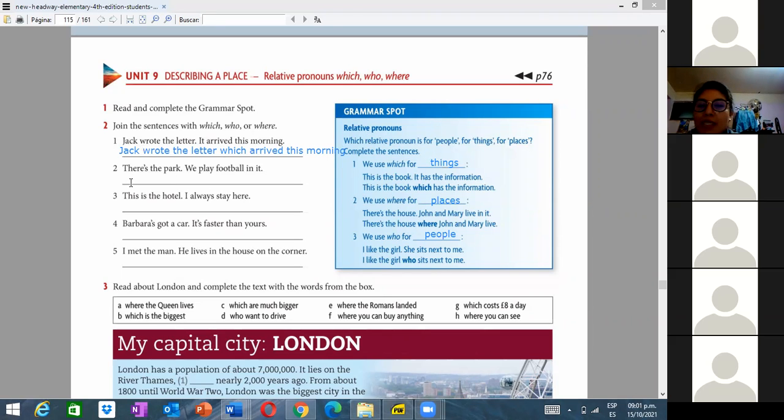Please, the next example, number 2. There is the park. We play football in it. Please. Galia, please. Come on. Galia, hello.